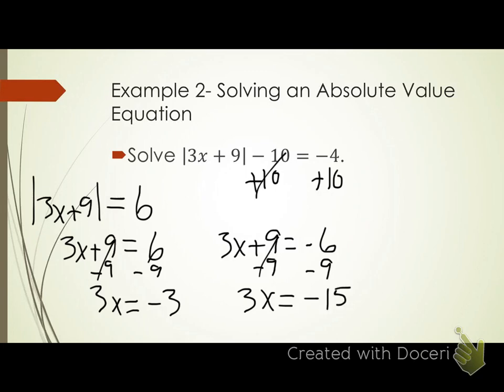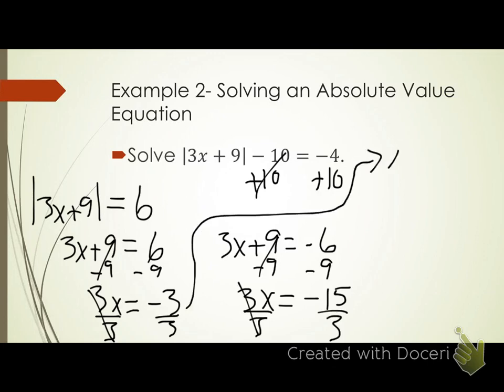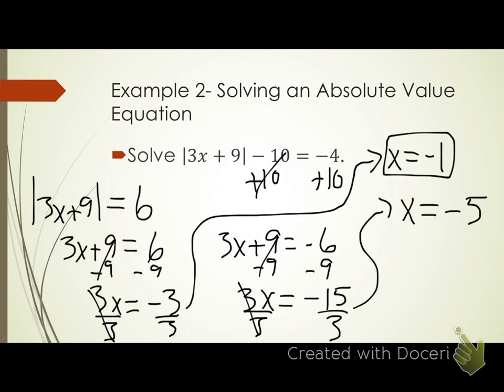Negative 15. Now, what's my last step on both of them to get x by itself? Divide by 3. Negative 3 divided by 3 gives me negative 1. Negative 15 divided by 3 gives me negative 5. So my two solutions are negative 1 and negative 5.